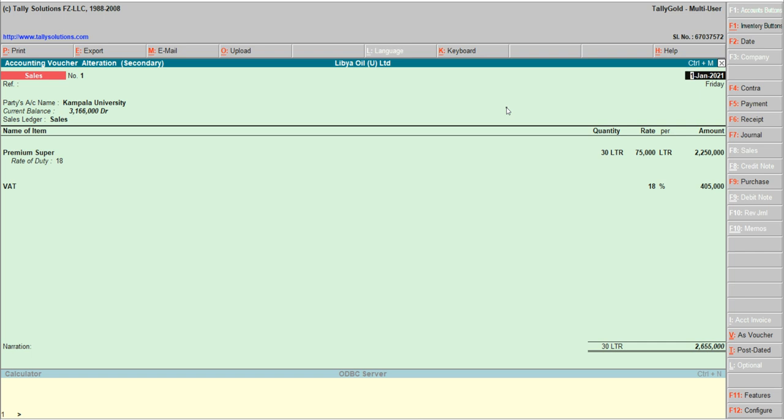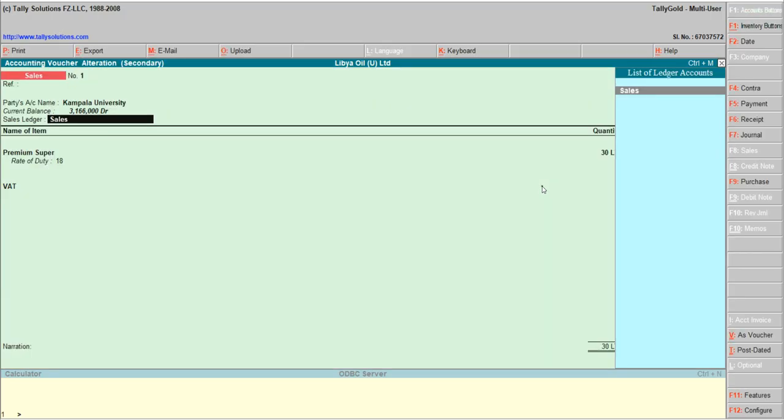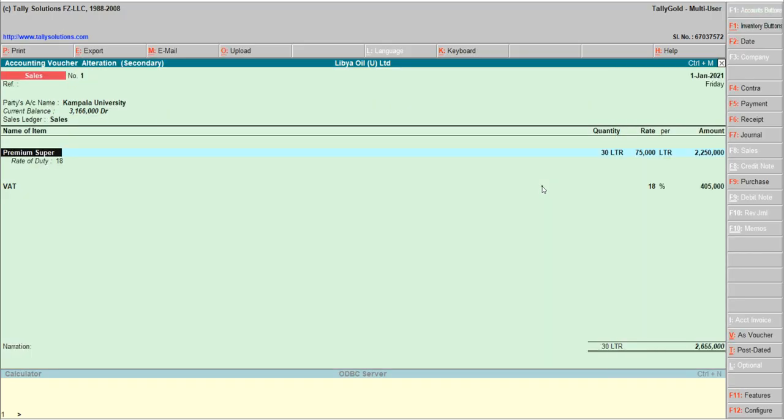I'd entered the 30, so I want to edit this. These are supposed to be 22 liters.